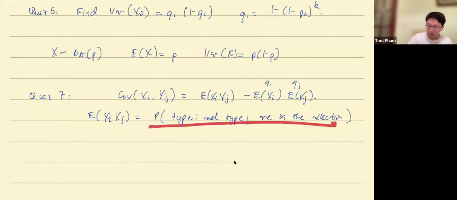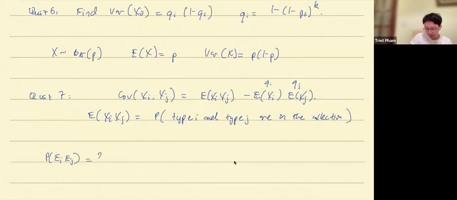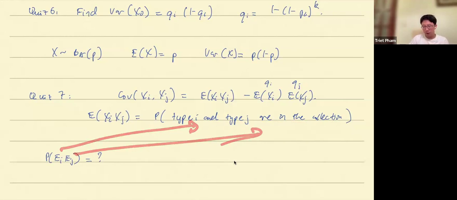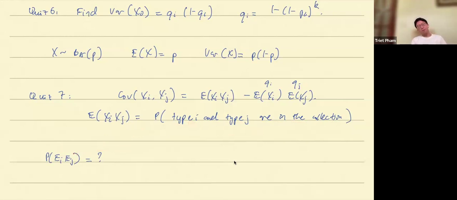So here you have to be careful. Let's switch to the notation of probability of events. So we're looking at the probability of the intersection, where Ei refers to type i in the collection, and Ej refers to type j happening in the collection. So how do we calculate the probability of an intersection event in general? Is it equal to this?